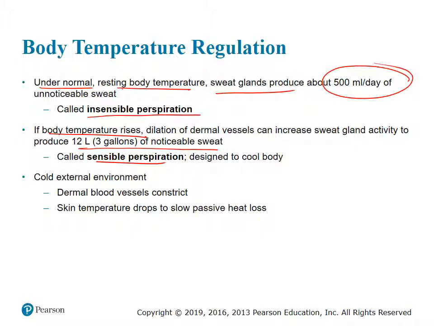Or somebody working in a very hot job, they're drenched. That's the sensible one. It's designed to cool off the body, and so we get both of these. One is consistently there, one can be kicked up or kicked down, depending on the temperature of the body.